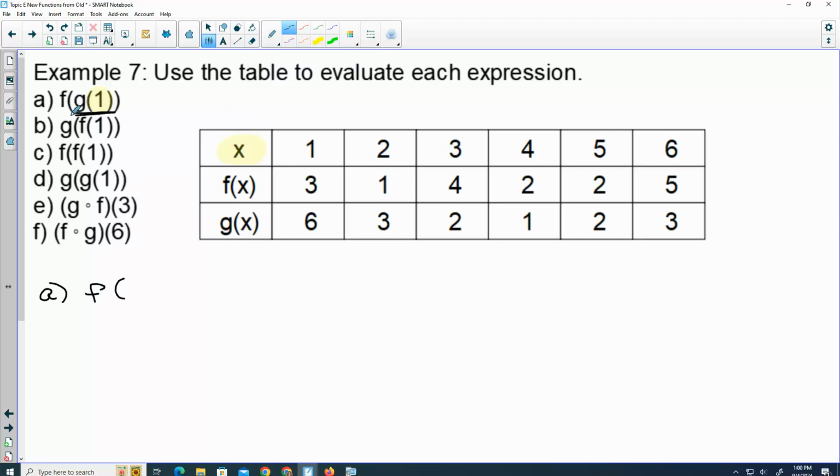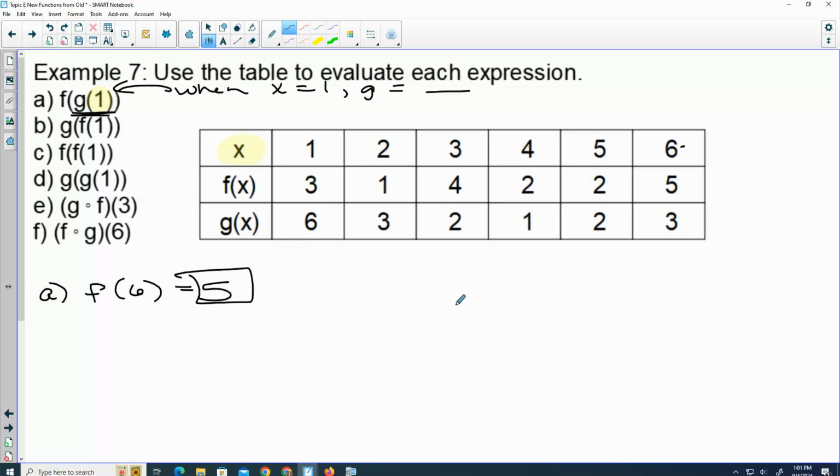G of 1. So it means when x is equal to 1, g is equal to what? So when x is 1, g is 6. So f of 6 is saying now x is 6. What's f equal to? 5. So my final answer is 5.